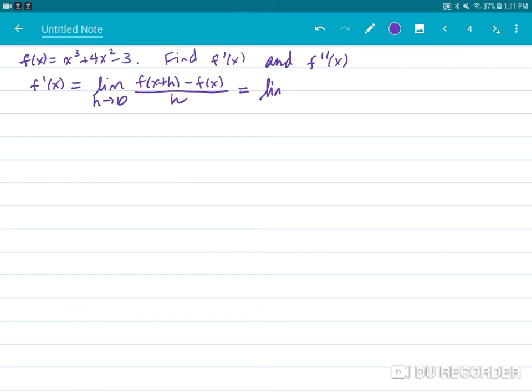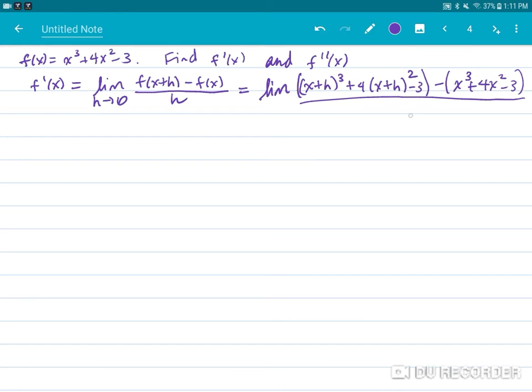And this is the limit of (x plus h) cubed plus 4 times (x plus h) squared minus 3, minus x cubed plus 4x squared minus 3. This is the top over h as h approaches 0.